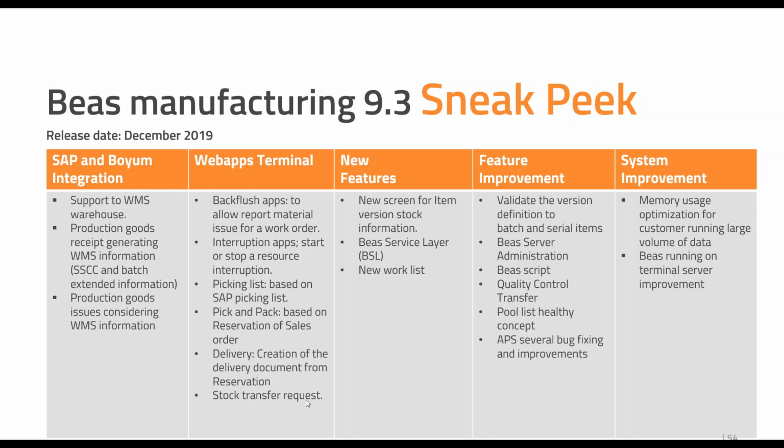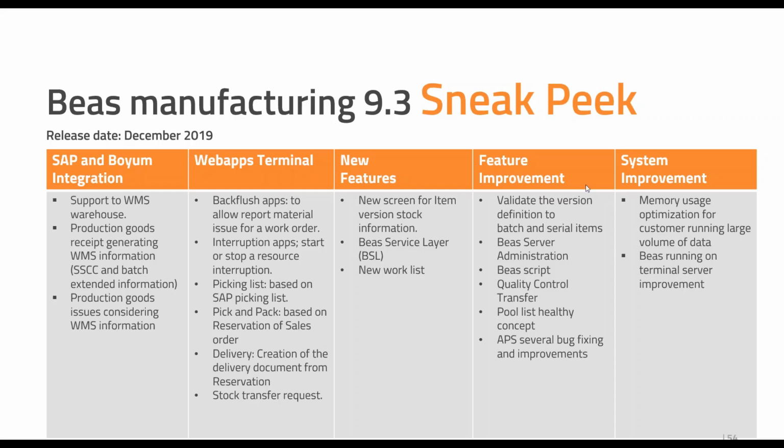And also a stock transfer request, or managing stock transfer requests from the handhelds. A new screen for item version stock information. I will show it to you. Before we release this version, we'll have another webinar showing the actual screens and everything.